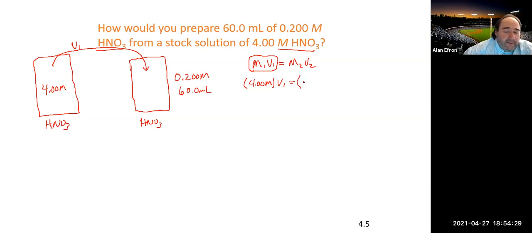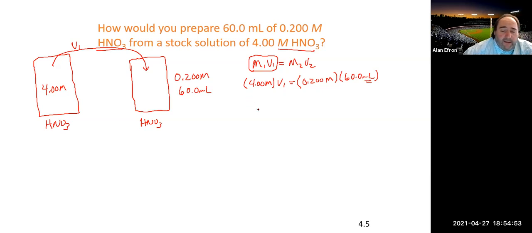We want to end up with a solution that has a concentration of 0.2 molar and a total volume of 60 milliliters. Again here, because I'm using the dilution equation, I can leave my volume in milliliters. If you want, you can convert it to liters, that is perfectly fine. But because I left it in milliliters, I will end up with milliliters when I solve for V1.